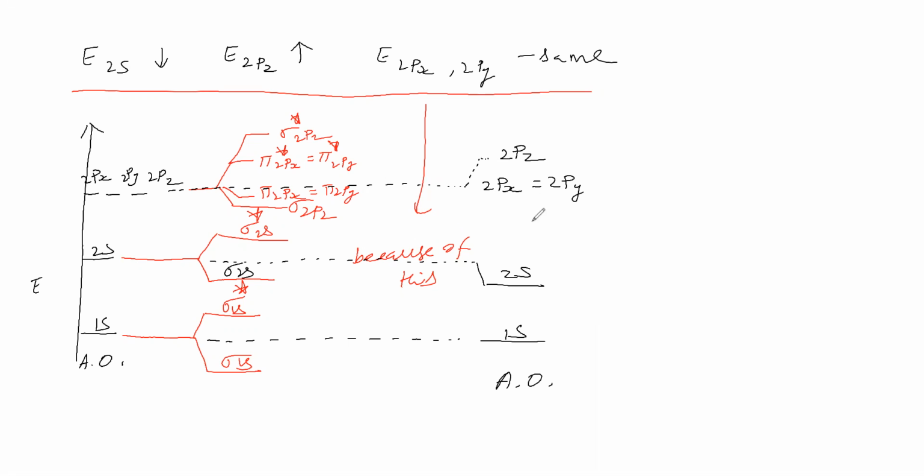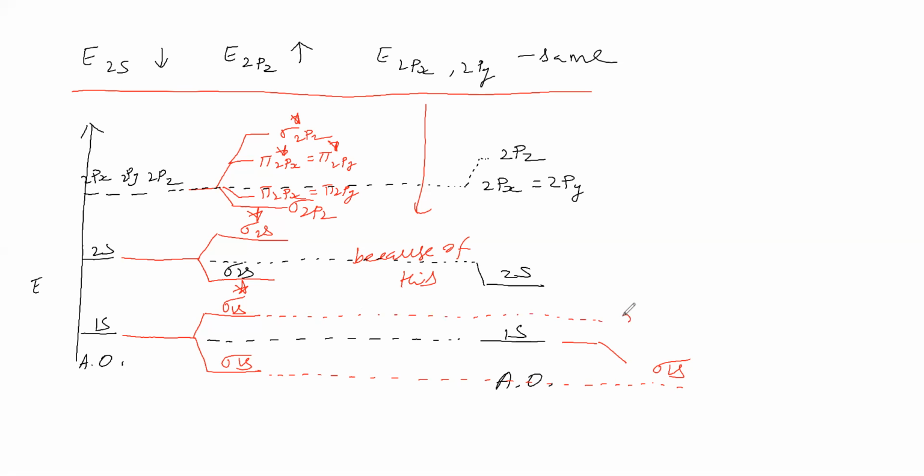Now on linear combination, the 1s gives sigma 1s, and sigma star 1s is there in the same manner.